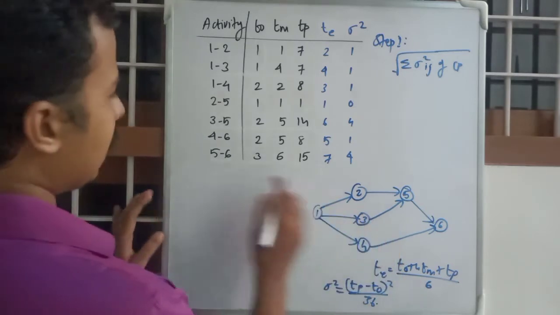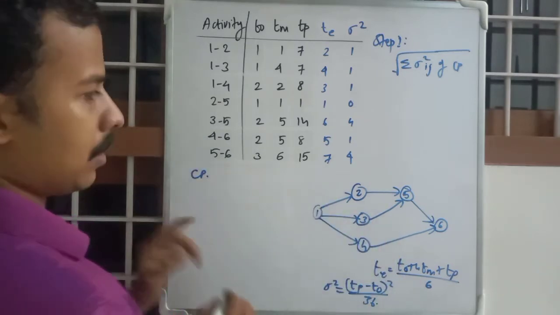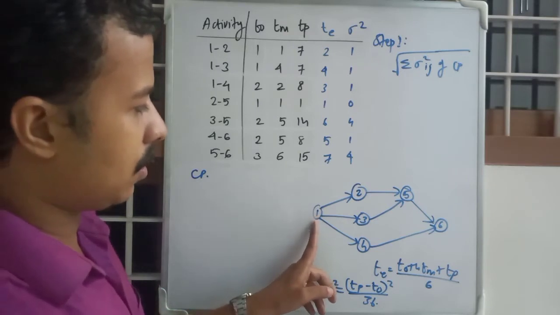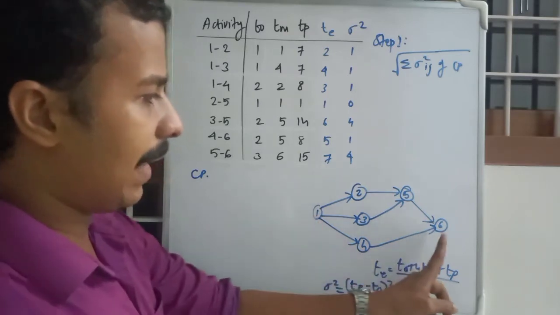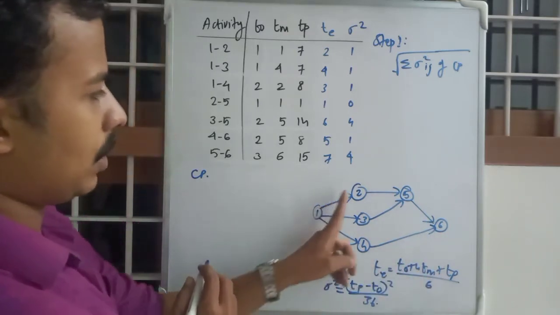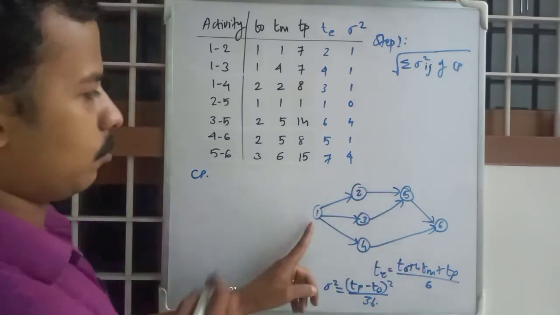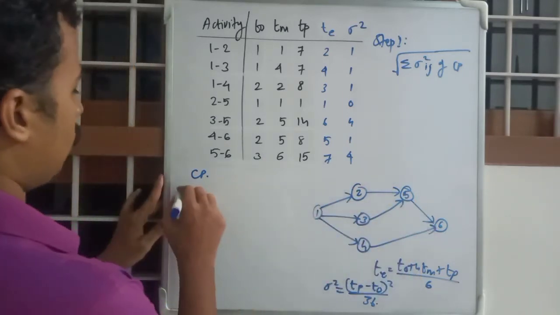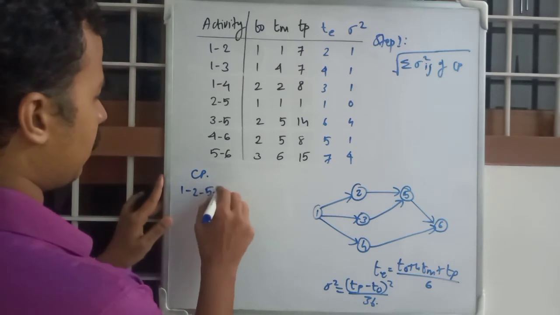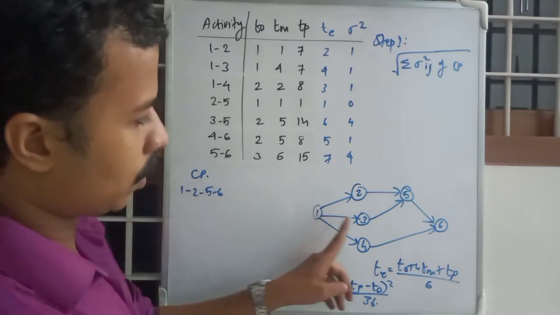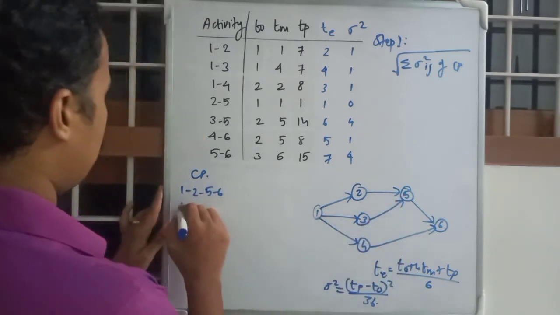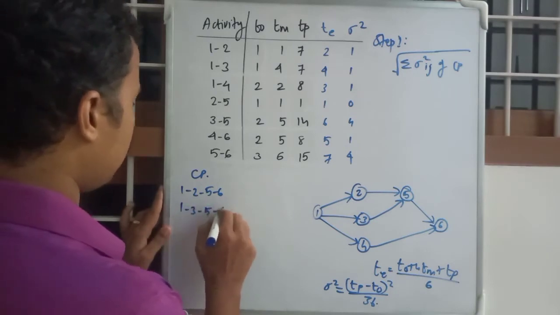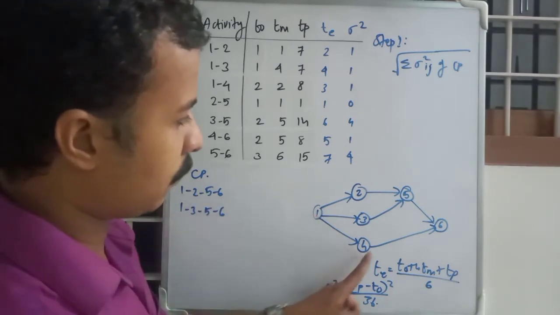Okay, so we have three paths from which it can be started and finished. One is 1 2 5 6, second one is 1 3 5 6, and the last one is 1 4 6.